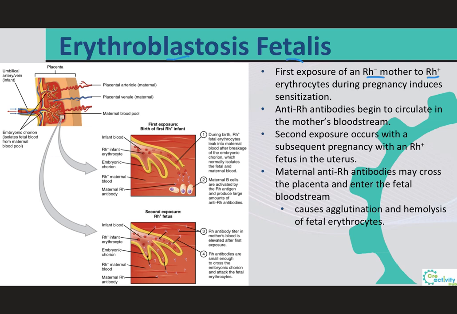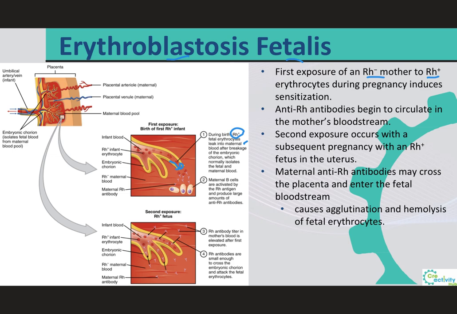Now, during birth, Rh positive fetal erythrocytes will leak into the maternal blood after the embryonic chorion is broken. Now, the chorion is a membrane that normally will isolate the fetal and the maternal blood.